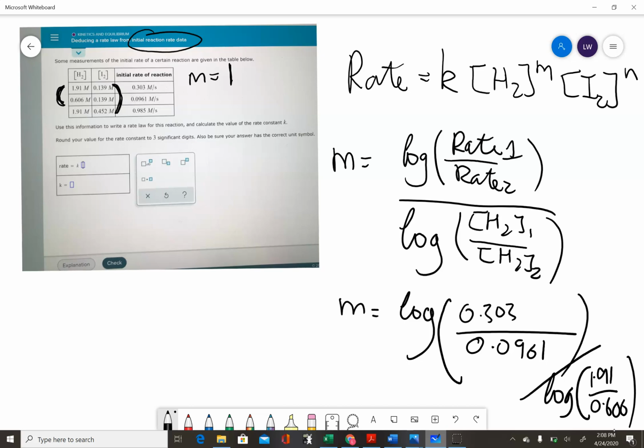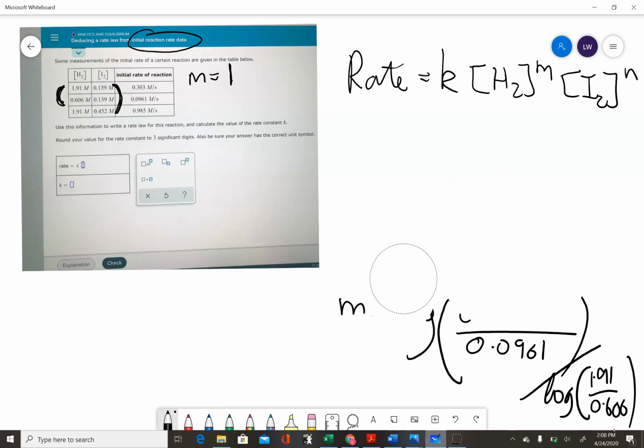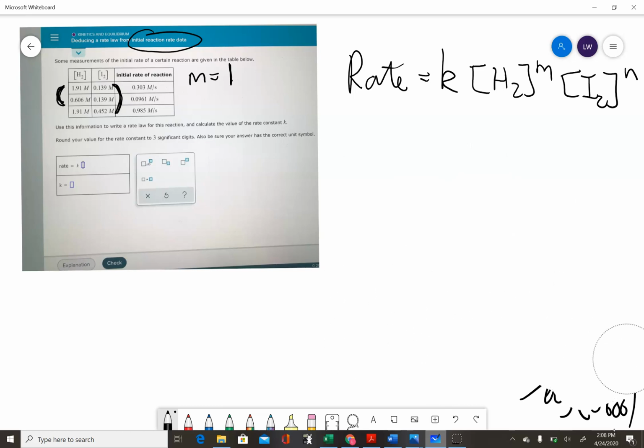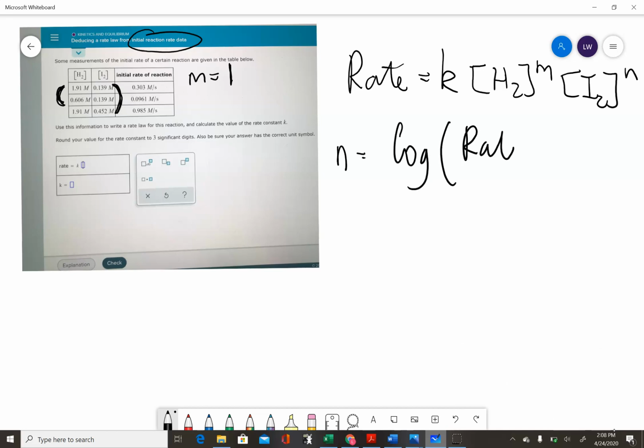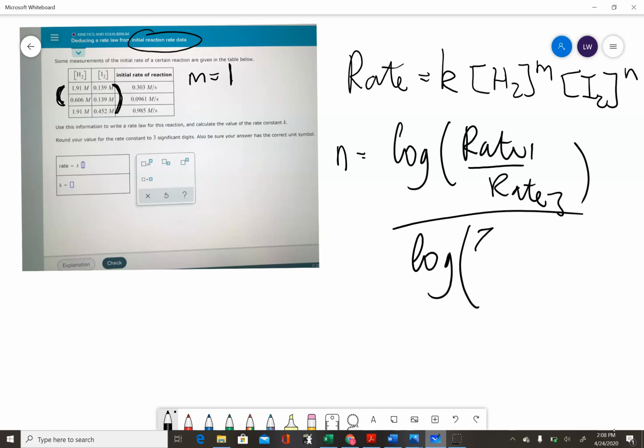So now I've got to go on and do the same thing for I2, and I'm going to use reactions 1 and 3 to do this. So my n value will be log of rate 1 over rate 3, over the log of the concentration of I2 in 1 over the concentration of I2 in 3.